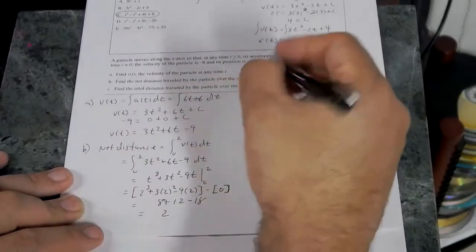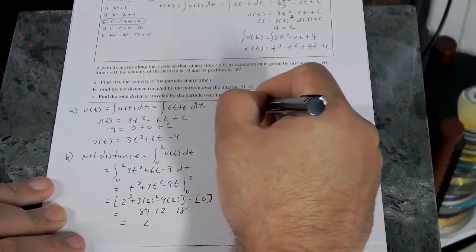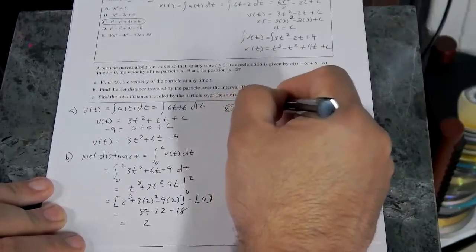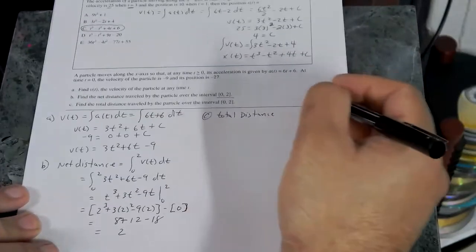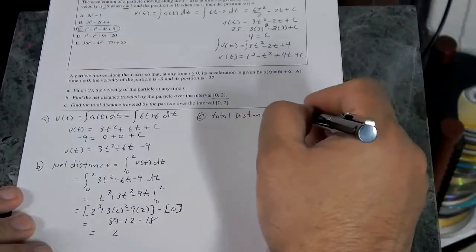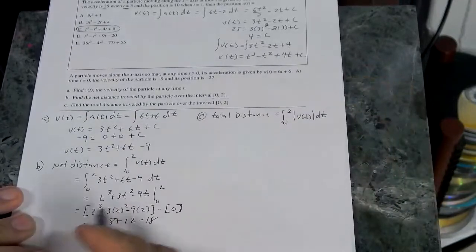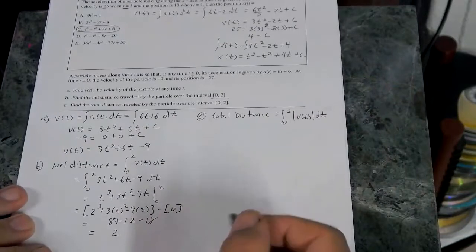Find the total distance. Part C, we're doing total. And total distance is the integral from 0 to 2, but now we have to do the absolute value. That means we have to count when it comes back. This is just when it's going forward.